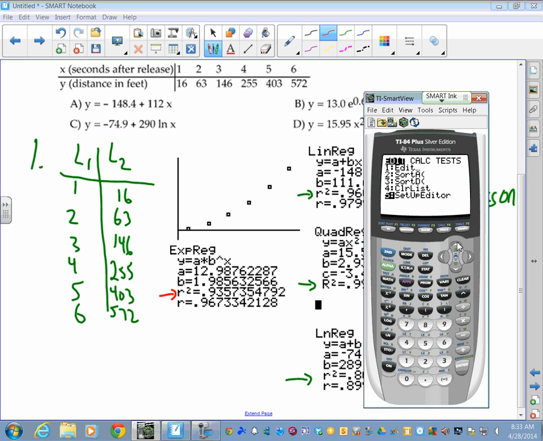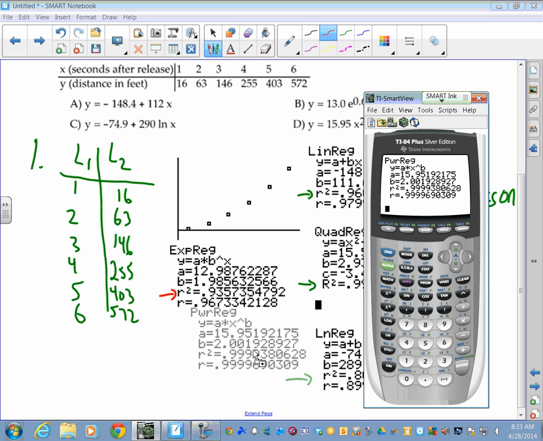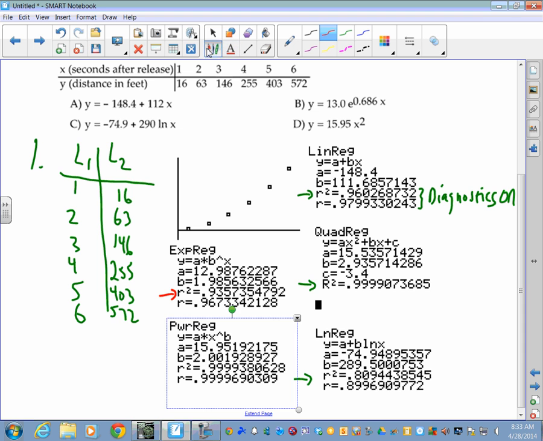Stats, calculate. What's the last one? Power. Okay. So you have those. Now you compare which one's the best fit. Looks to me like there's 4 nines right there, but right here there's 4 nines and a 3, and here's 4 nines and a 0. So it looks like it's power regression.